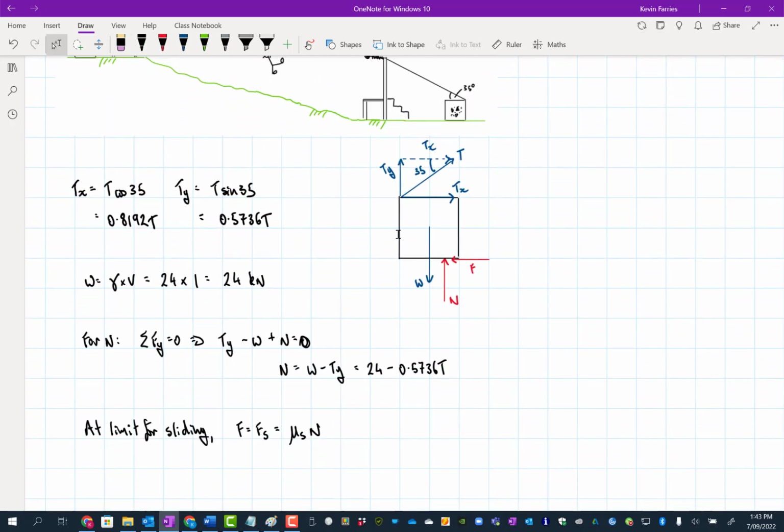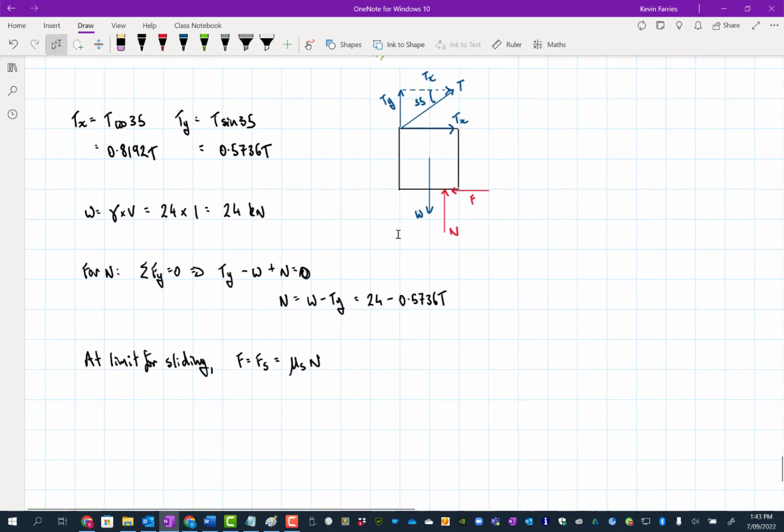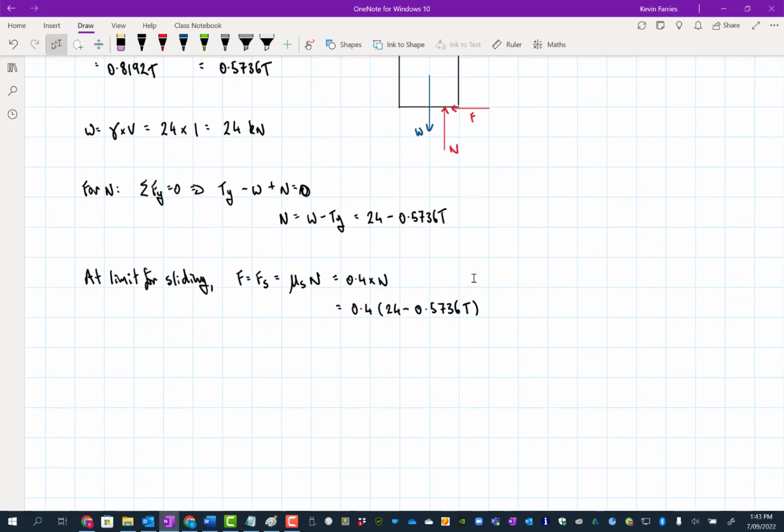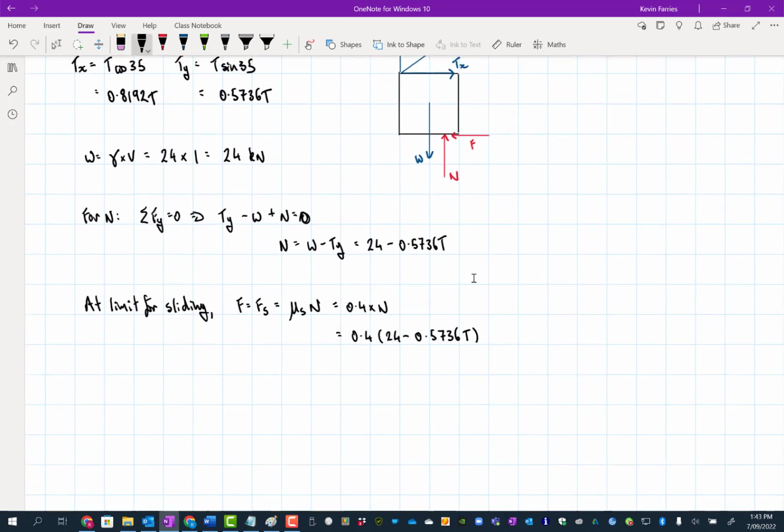And so I think I said it was 0.4. And so that's going to be 0.4 times N. We know N, we've got that up here. So 0.4 times 24 minus 0.5736 times T. And that's what Fs is equal to.